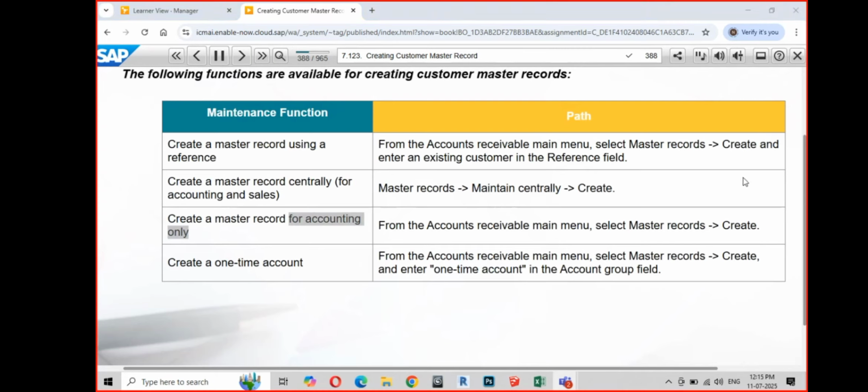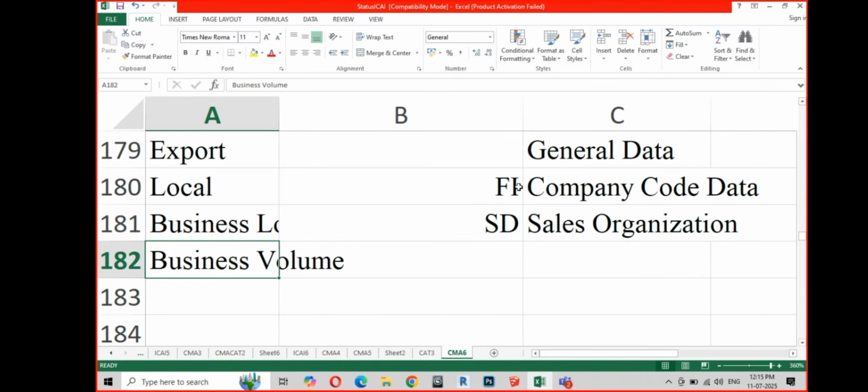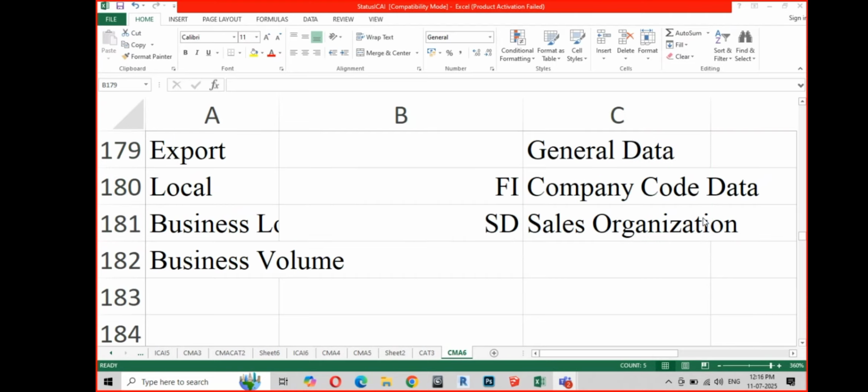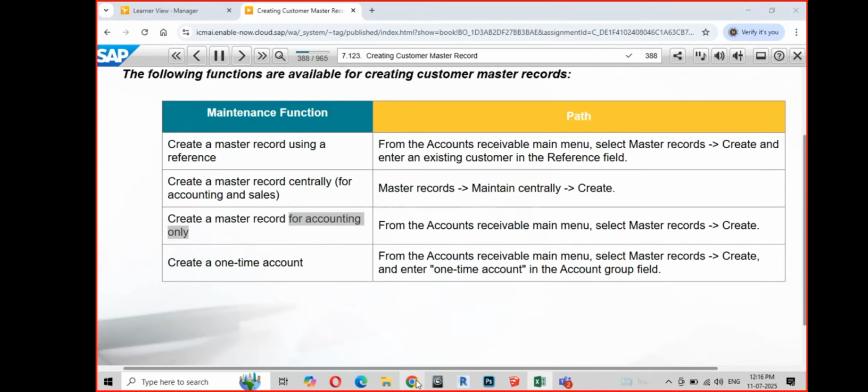Centrally means it is a combination of your FI and your sales information. All right. So these three levels of information for the vendor or the customer form the central information, as you can see here.